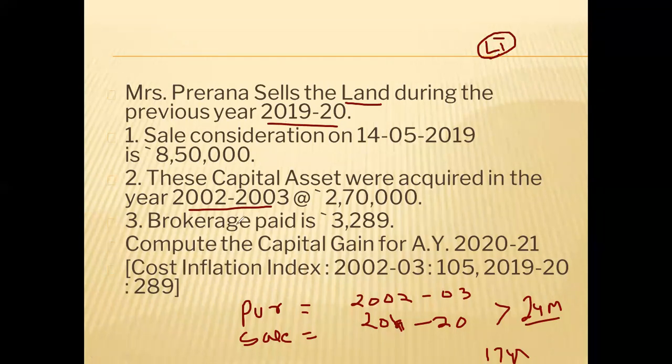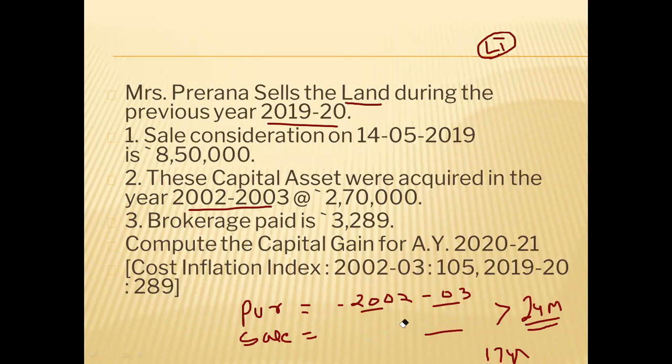If there is a very big difference between purchase and sale date, it will obviously be long term only, because for long term we require only more than 24 months, that is 24 months and 1 day.